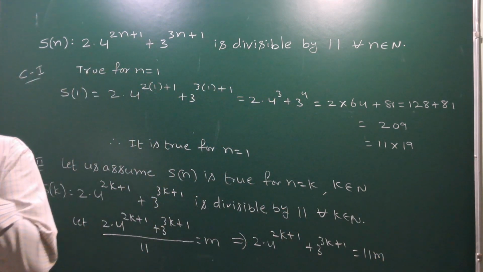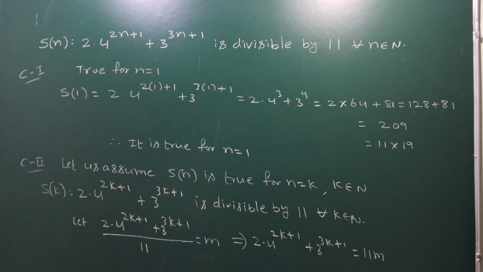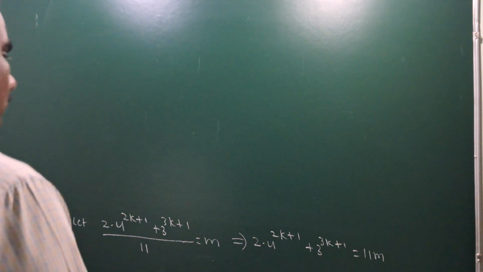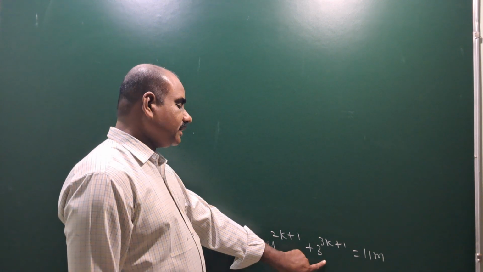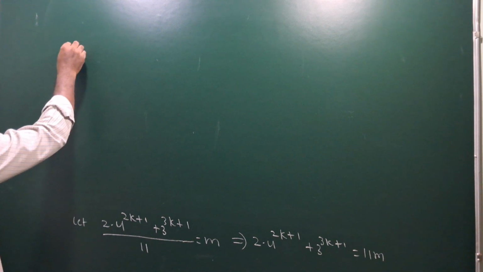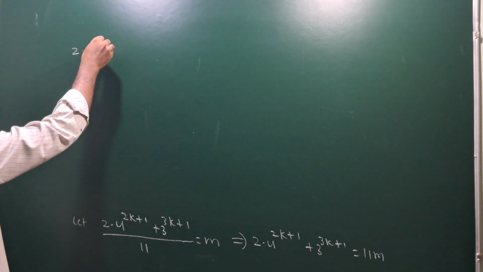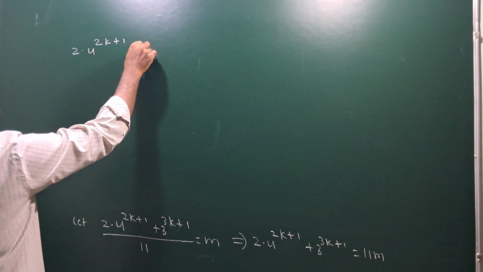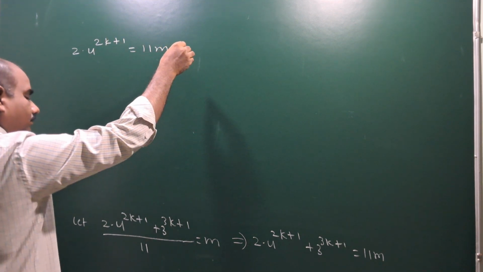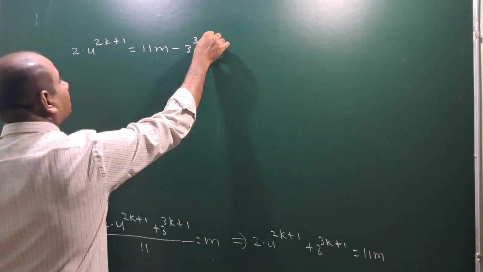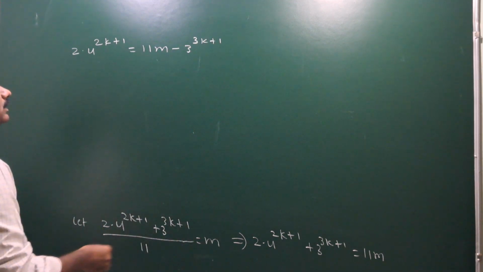Okay, let us see the continuation. Now transposing 3^(3k+1) to the right side, it becomes 2 × 4^(2k+1) = 11m − 3^(3k+1).